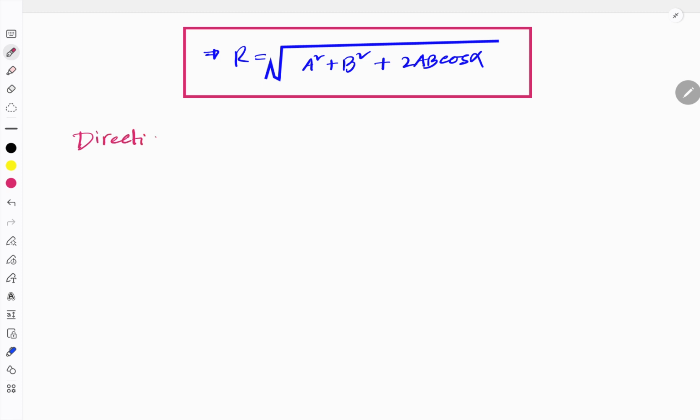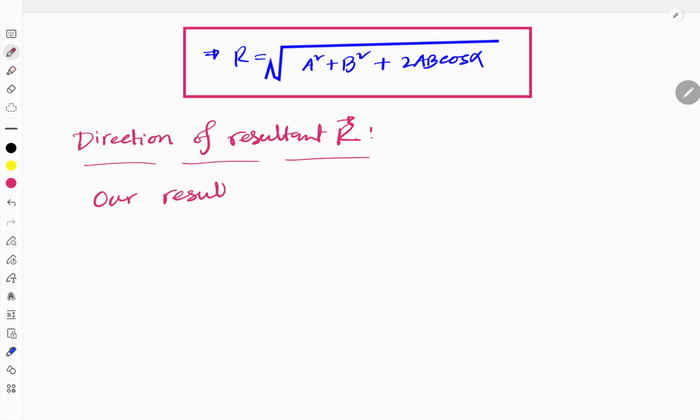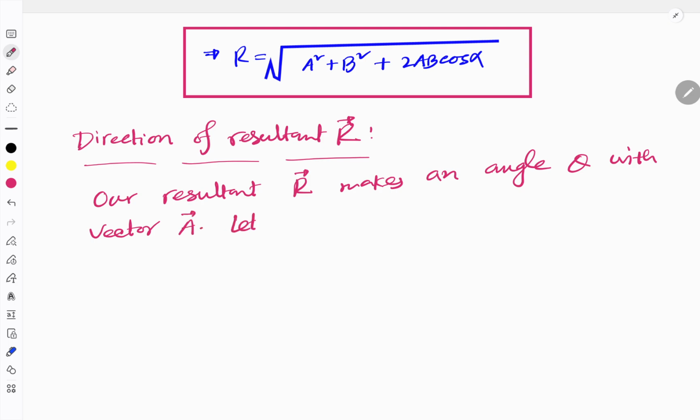So let us find out the direction of resultant R. The resultant R makes an angle theta with vector A. So let's find out that theta.